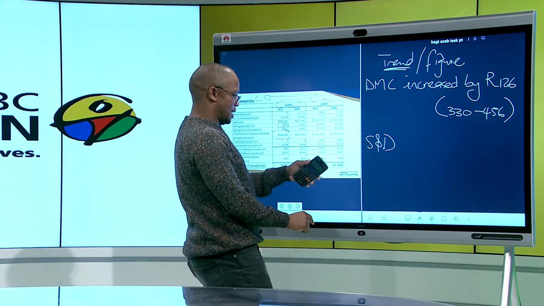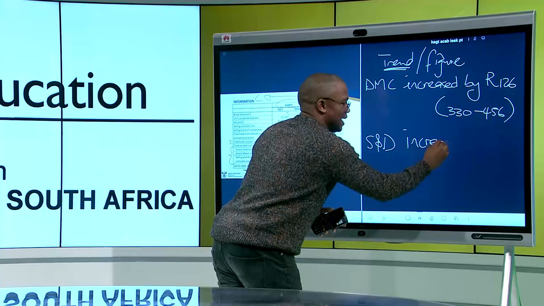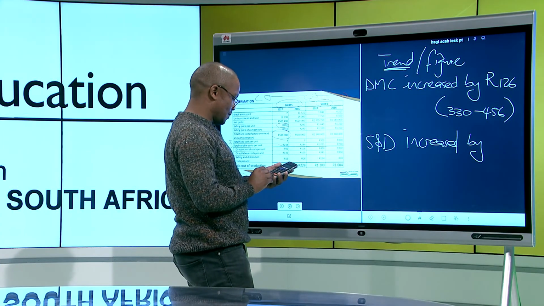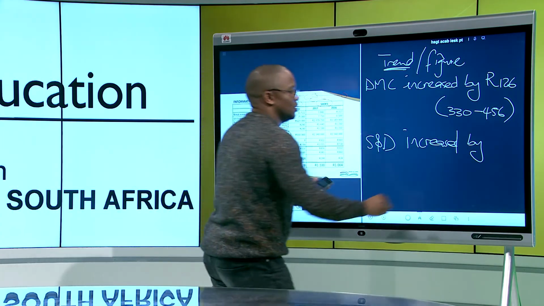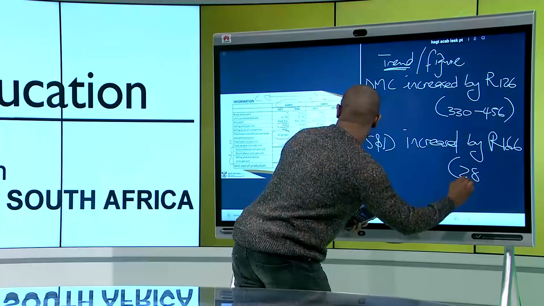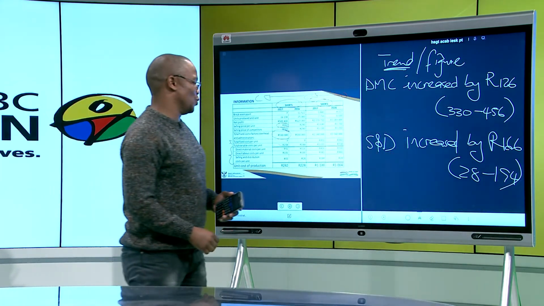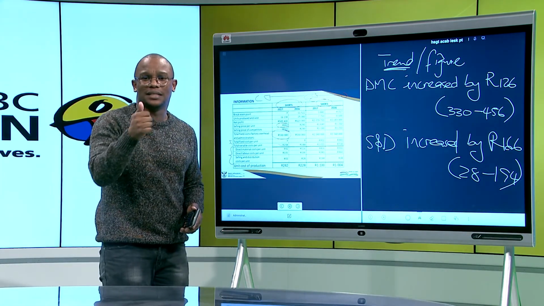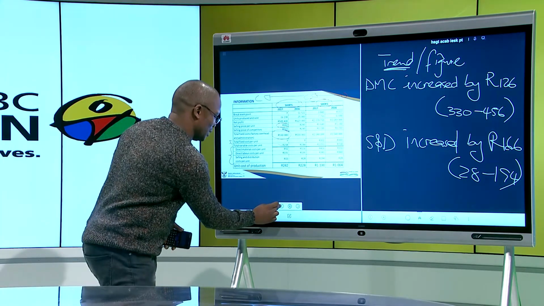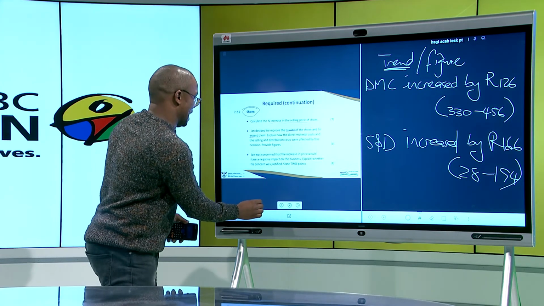Same thing, from 28 to 194. The trend, it has increased. By how much? 194 minus 28 is 166. From 28 to 194. There you are. You've answered them. Don't forget the trend as well as the figure. It's very much important.